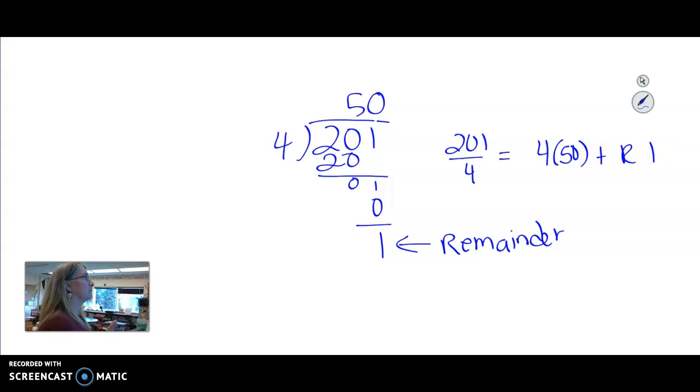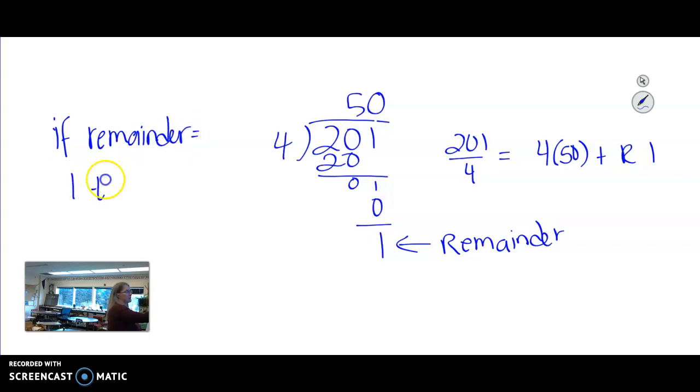And so when you have a remainder of 1, if the remainder after you divide by 4 equals 1, then it simplifies to i to the 1st, which is just i.